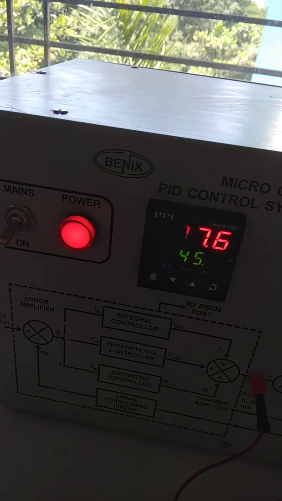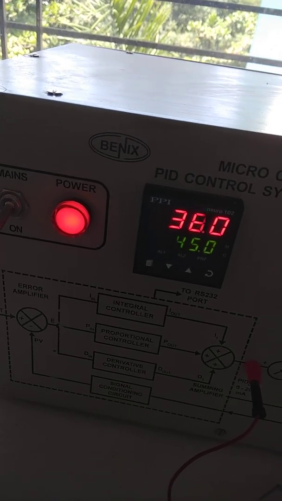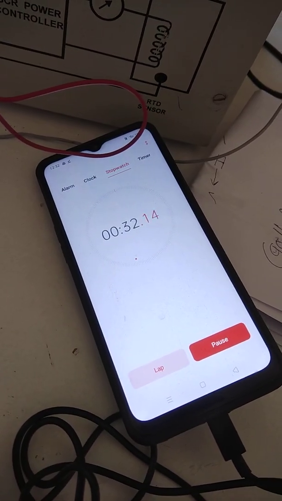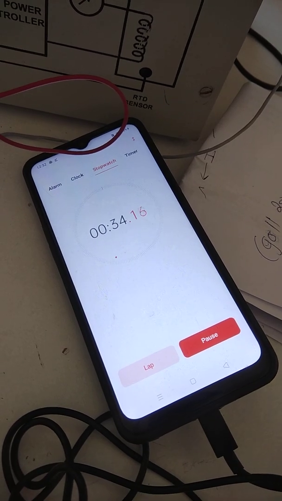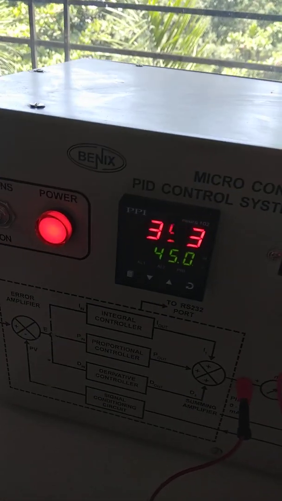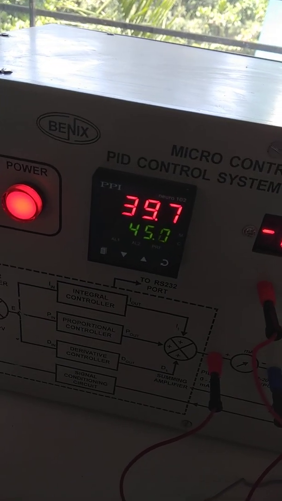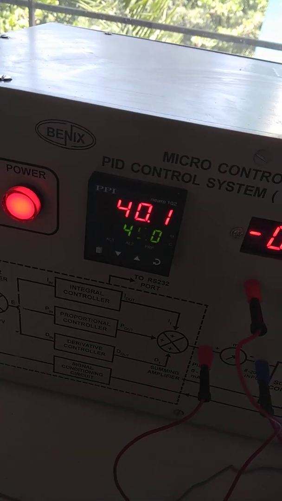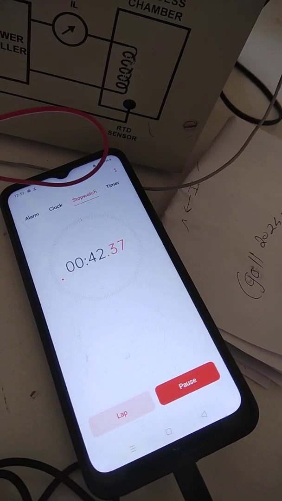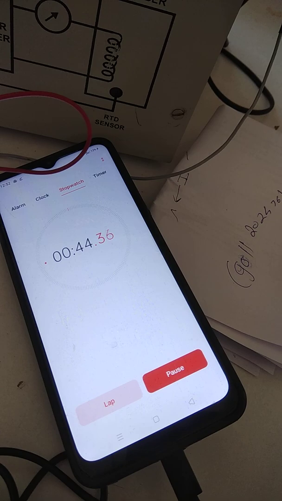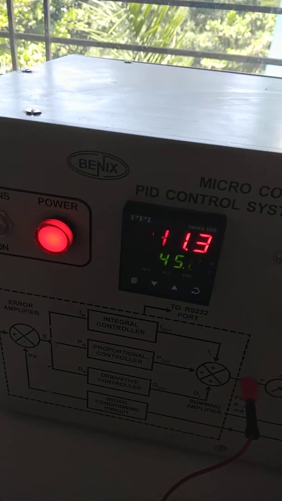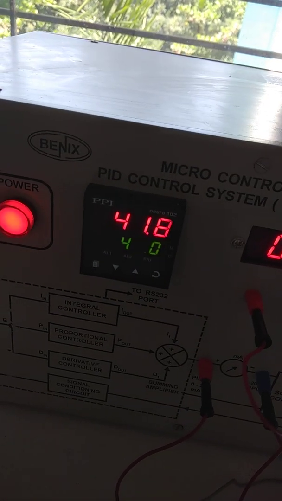At 25 seconds, the temperature is 37. At 35 seconds, the temperature is 39. At 45 seconds, temperature is 41.3.